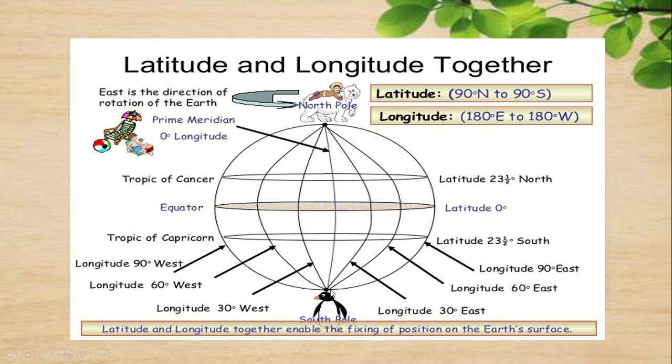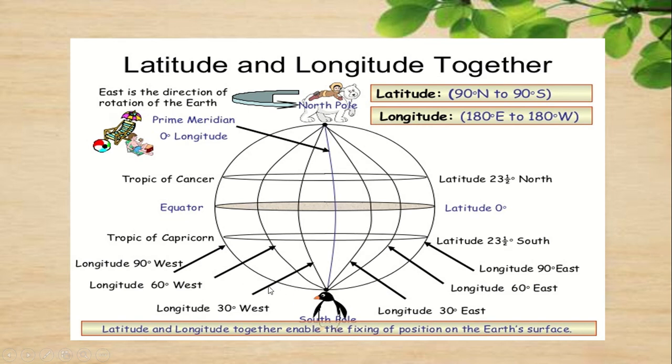So at each 30 degree interval from the prime meridian, following the eastern part, 30 degree east longitude, then 60 degree, here the 90 degree. And if we move towards the western side from the prime meridian, what will you get? The longitude 30 degree west, 60 degree west, 90 degree west.